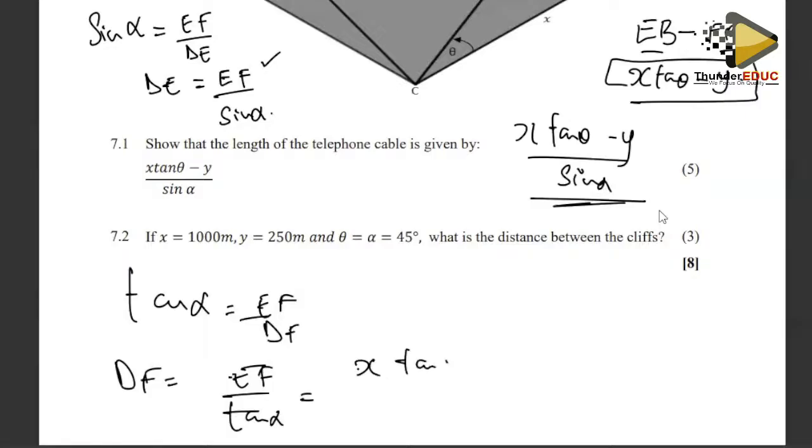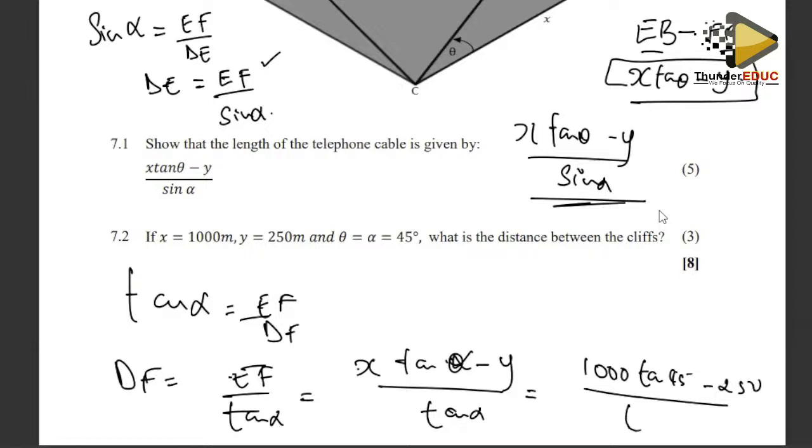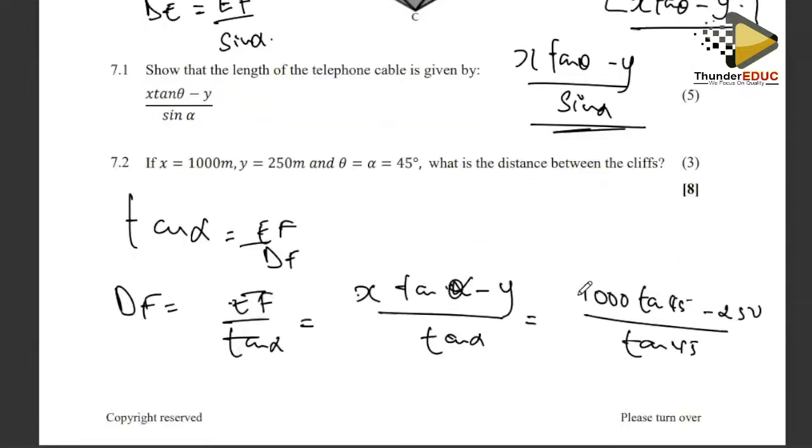We are dividing it by the tan alpha. Let's do the substitution. So 1,000 tan of 45 minus 250 divided by the tan of 45. So this gives me 750 millimeters. Okay, so that is what we would have done with that.